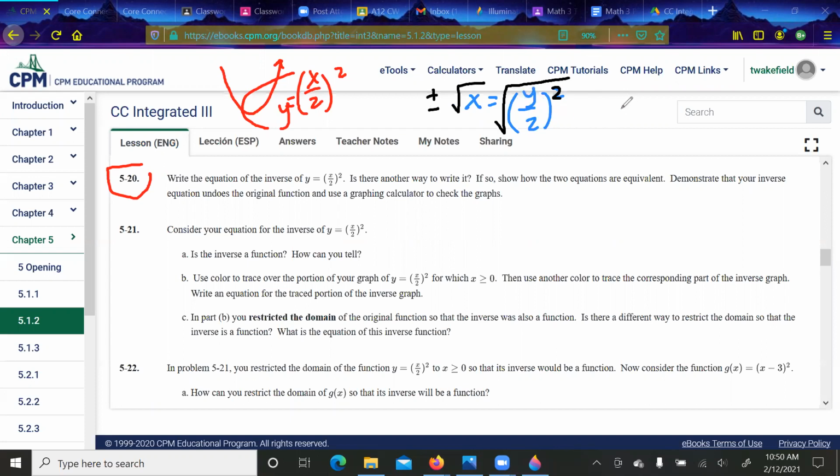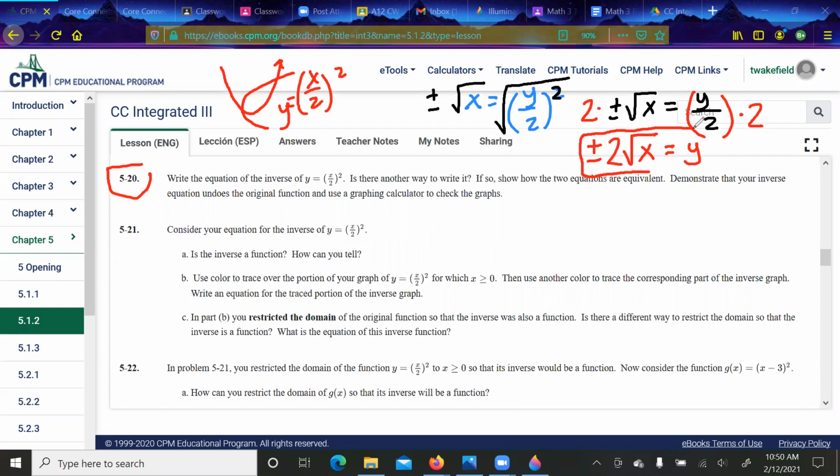So I'm going to get positive and negative square root of x equals y over 2. Now we want to get rid of the 2, so we multiply by 2. When I multiply this by 2, I put the 2 in front of the square root. So it's positive and negative 2 times root x equals y. This is the equation of the inverse.